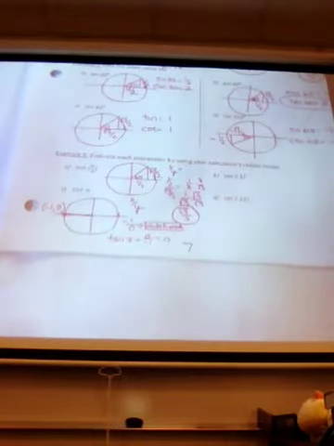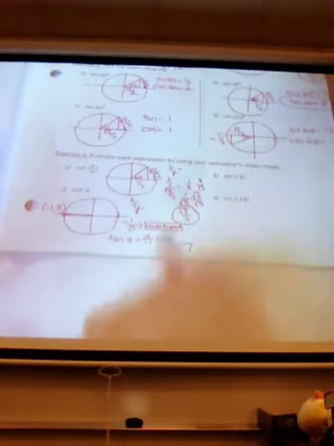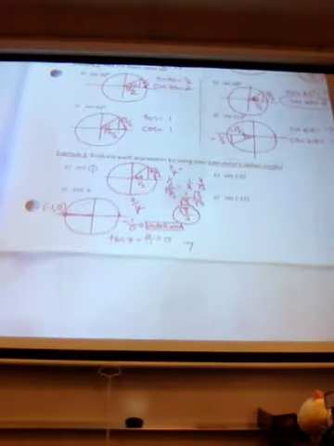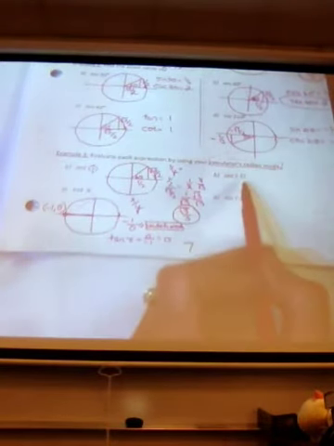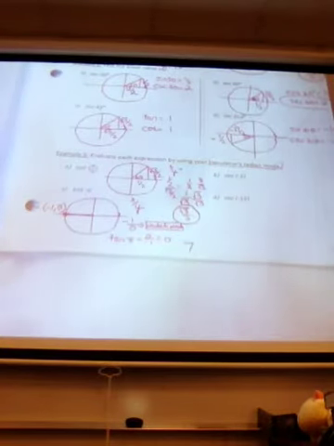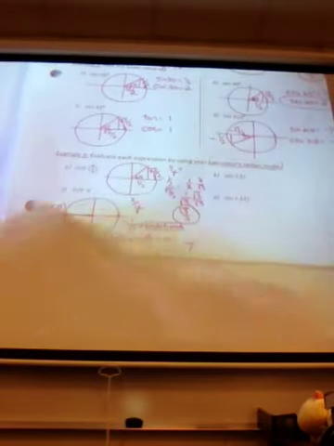Okay. Now, on this one, this is with your calculator. And on your calculator, even on your scientific calculator, there's a mode. And in the mode, if you're talking about this, you have to change the mode to radians, okay?